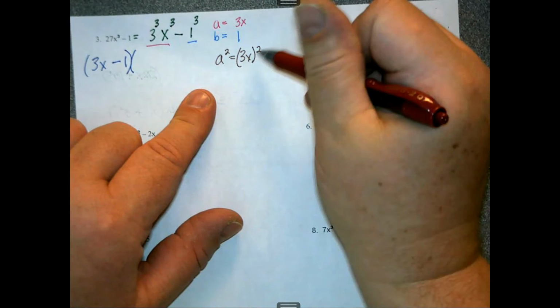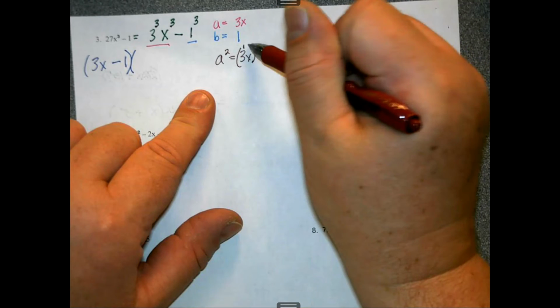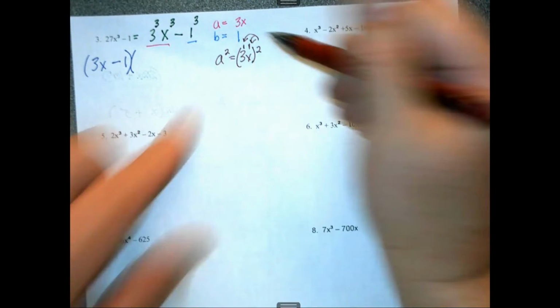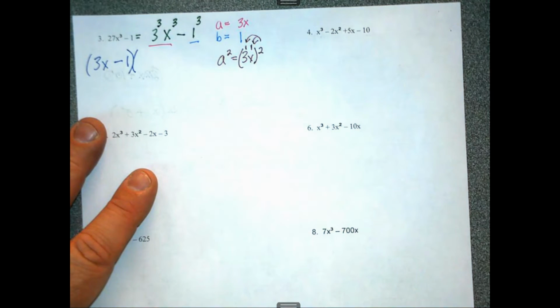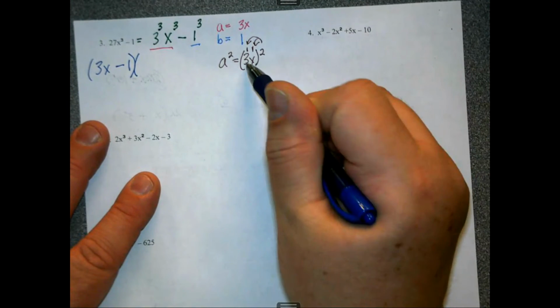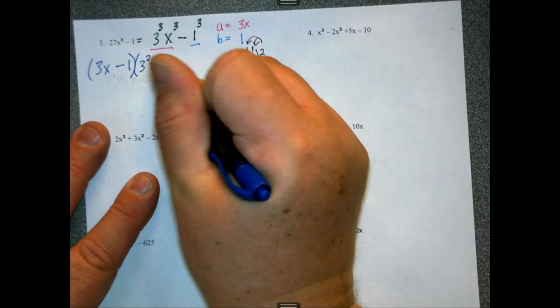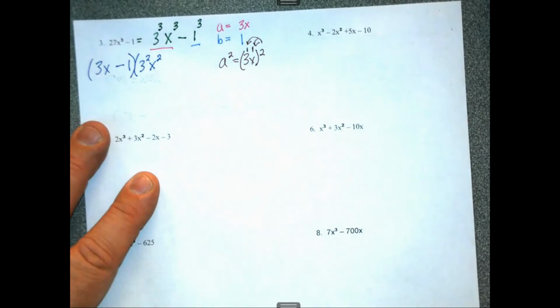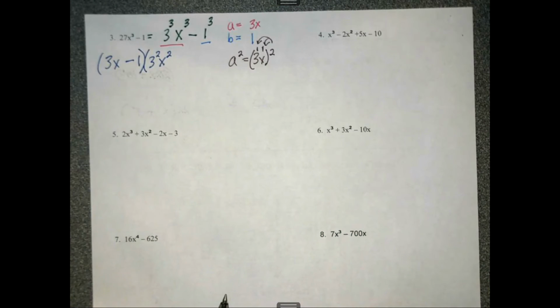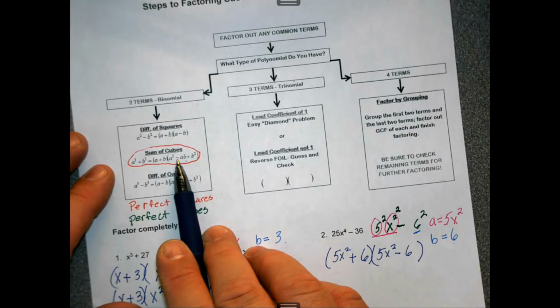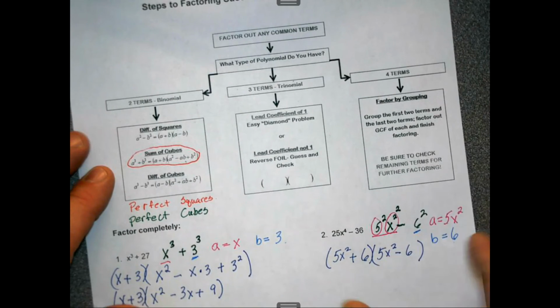Remember, when we have a square outside parentheses, what do we have to do? Distribute, right? So I have 3 squared x squared, right? You with me? 3 squared x squared minus a times b.